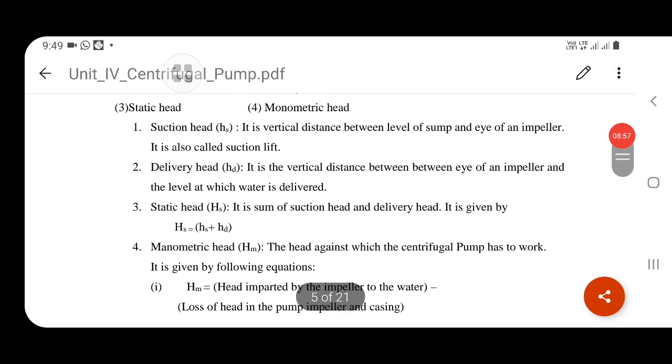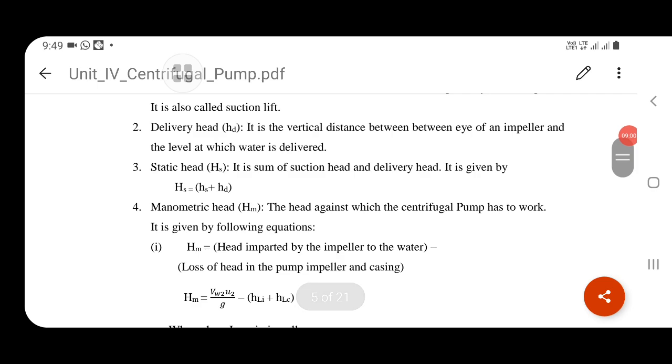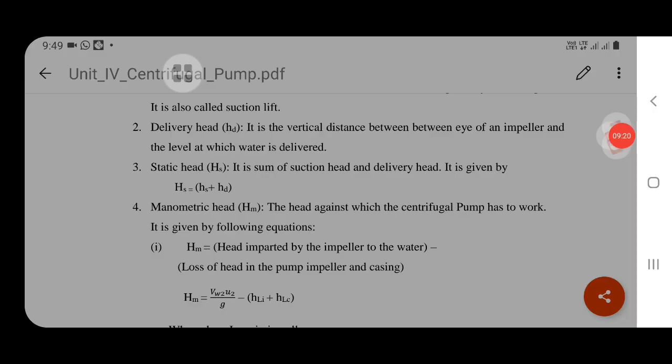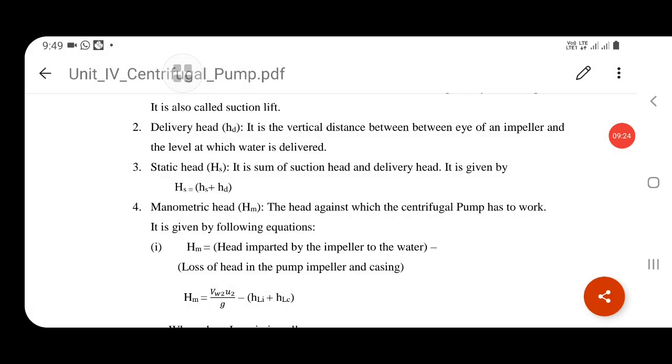So next is the manometric head, which is very important in exam. Manometric head means the head against which the centrifugal pump works. In simple language, it is the head required to lift the water.